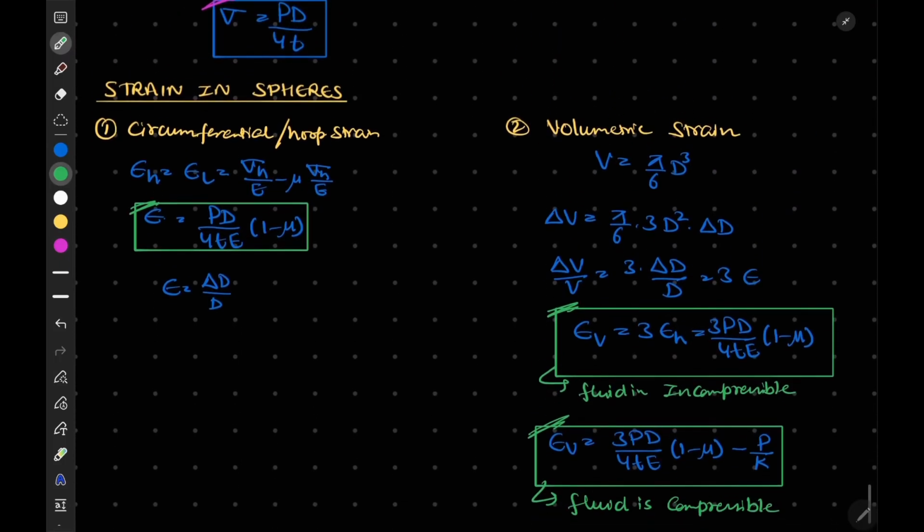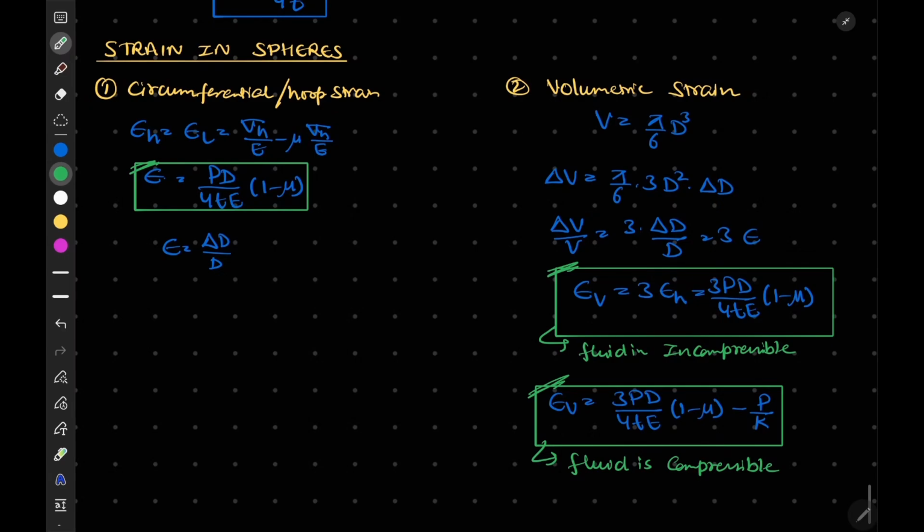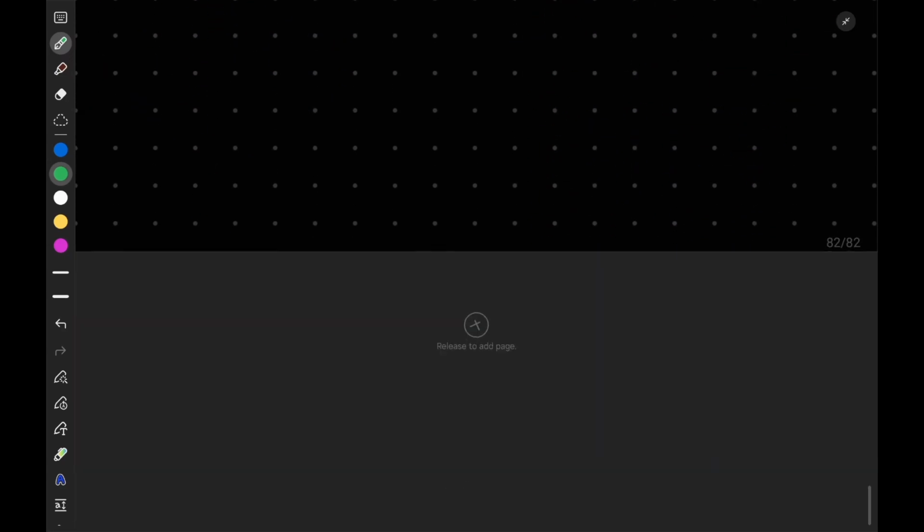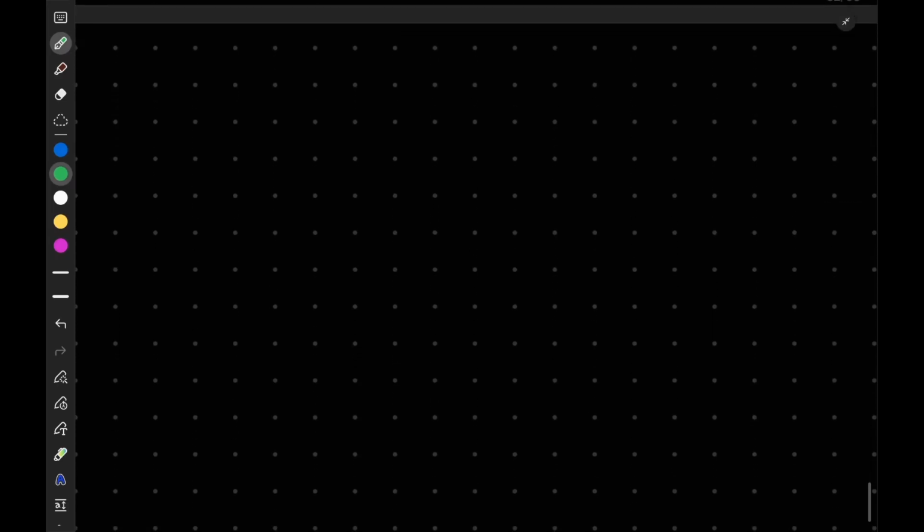Okay, so we have completed our strain in spheres. Now there are some special cases which we will be discussing. The first case is stresses in riveted cylindrical shells.